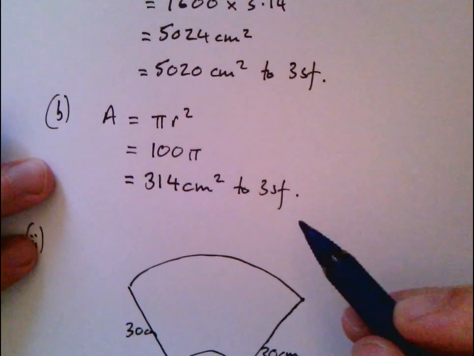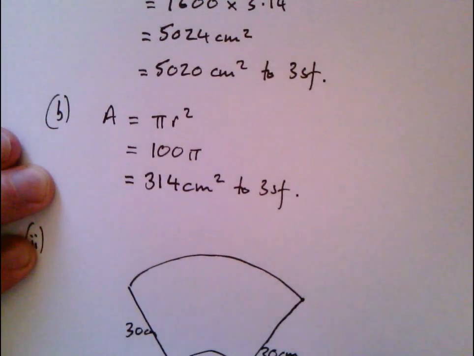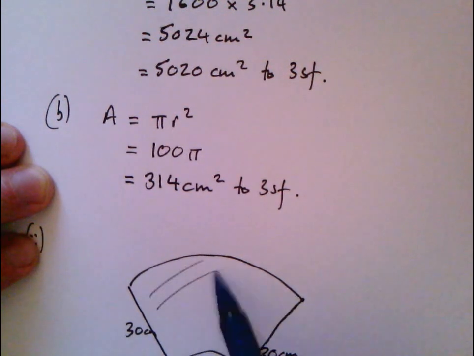Okay, so we know that the angle of sweep is 90 degrees, which is a quarter of a circle. So what we need to do is find the area that's swept out, so find this area.